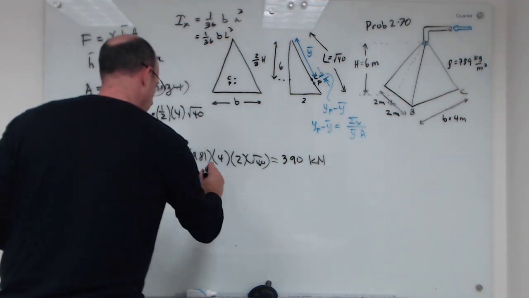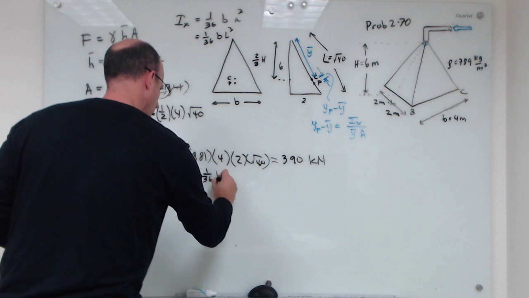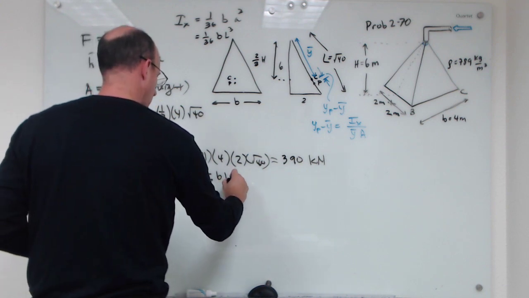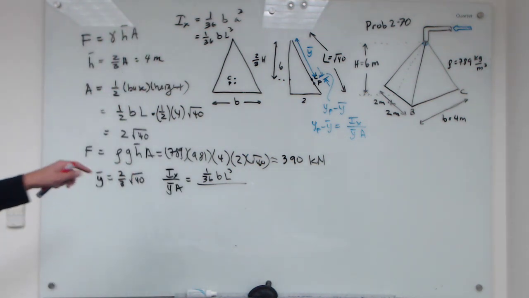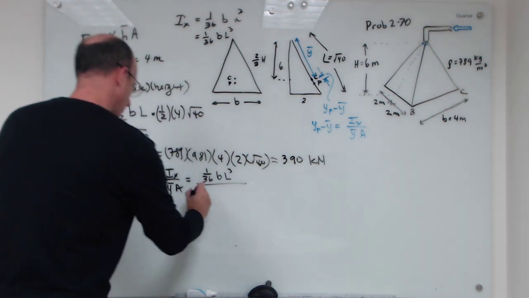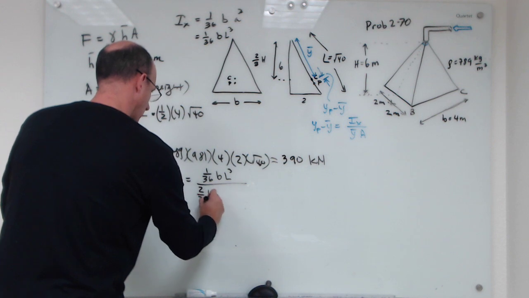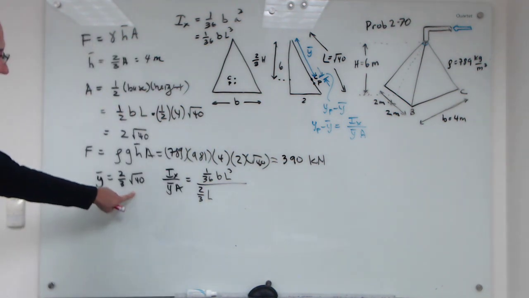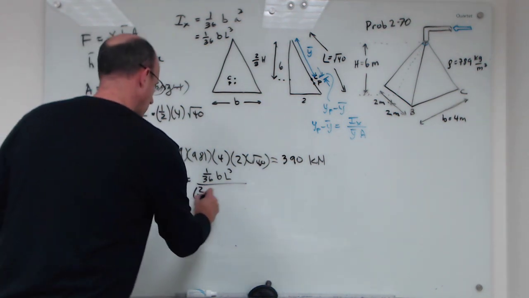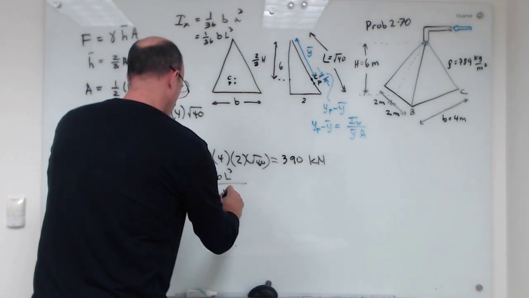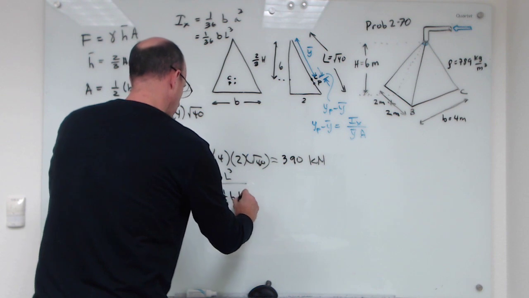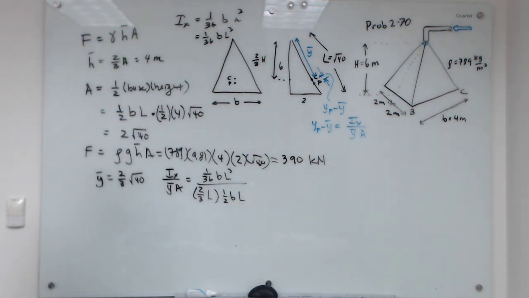So we can write this as 1/36 times the bottom width times L to the third, divided by y bar, which was 2/3 of L, and also divided by the area, which is 1/2 B times L. Isn't that interesting?